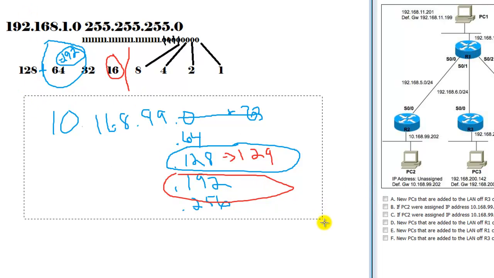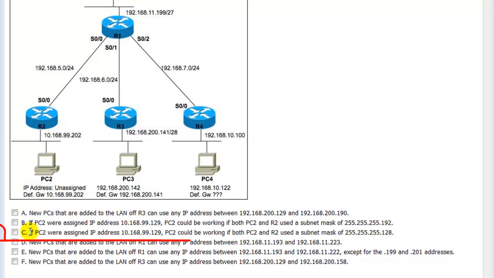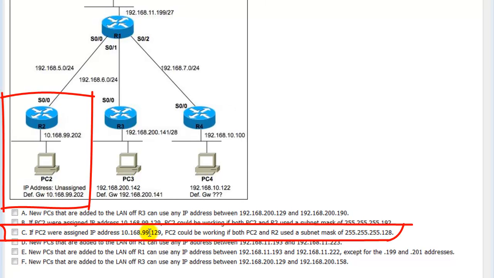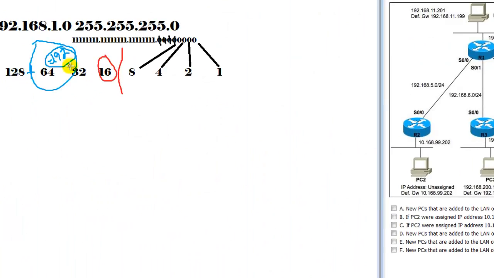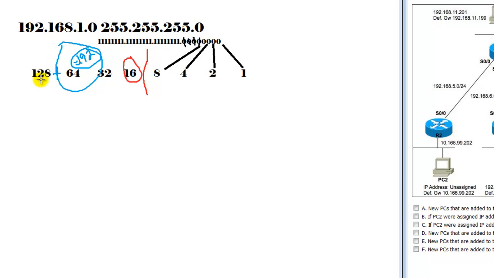So let's remove this and let's start with C now. If PC2 were assigned IP address .129, so it's pretty much the same IP address as B, but the subnet mask is different. It's 128. So remember up here how we did the adding?